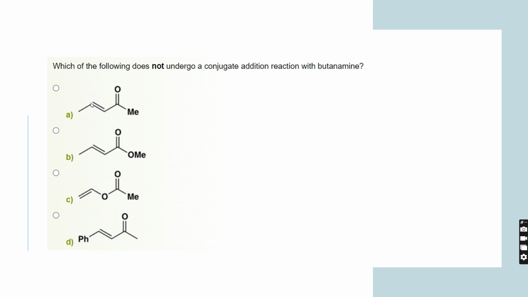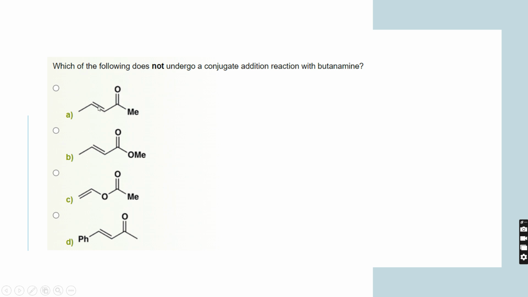Now, let us screen all these four substrates and choose the one where this particular fourth position is not electron deficient. Consider option A. In this one, it is a ketone and the double bonded electron pair will be pulled by the carbonyl carbon oxygen double bond.